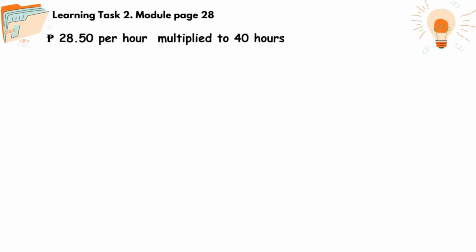Step number 3 is to make the number sentence. Since Mr. Fernandez works 40 hours at the rate of 28 pesos and 50 centavos, we are going to multiply 28 pesos and 50 centavos by 40.